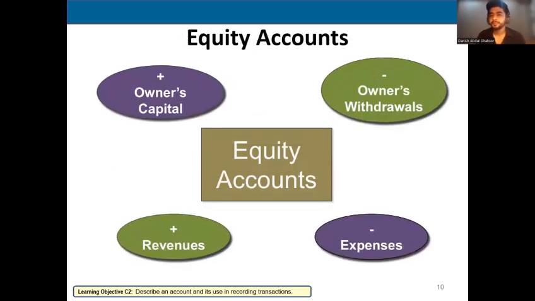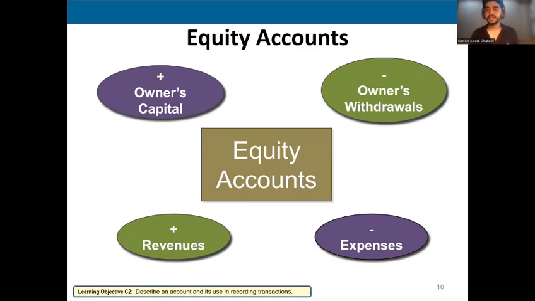Equity accounts. These are the equity accounts: owners' withdrawals, owners' capital, revenues, expenses. These are direct accounts like owner's capital and owner's withdrawal. Any owner investing his capital in the business, that's owner's capital, and that will increase the equity accounts. Second is owner's withdrawal.